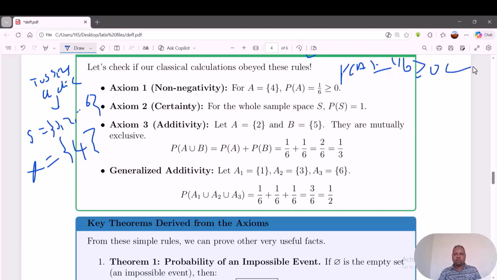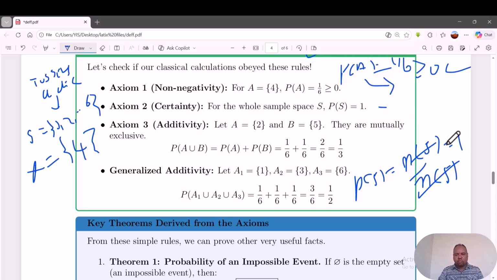Using axiom 1 of this approach, probability of A satisfies the first rule, right? Axiom 2 is about certainty. For the whole sample space S, the probability of S is 1, right? The probability of S is the number of elements in S over the number of elements in S. This is 1.